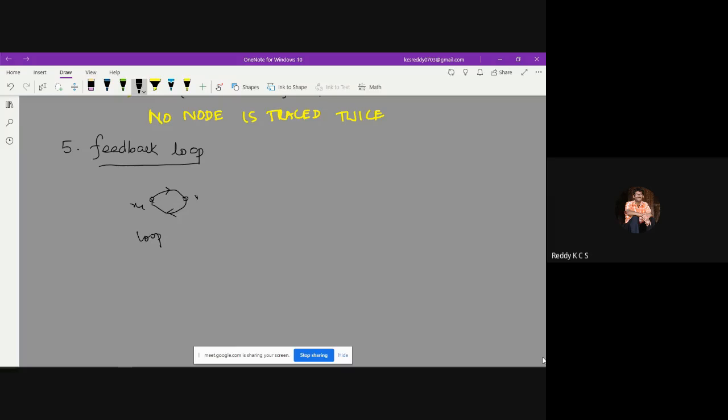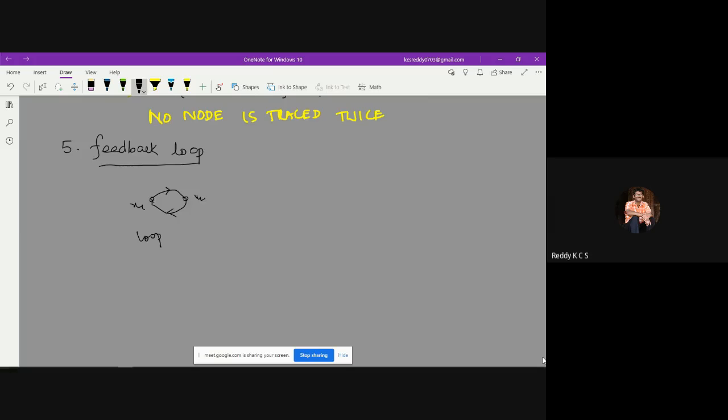Say this is x1 and this is x2. A signal is generated at one particular point x1, leaves, touches at least one node, and comes back, terminating at the same node where it was generated. That is called a loop.